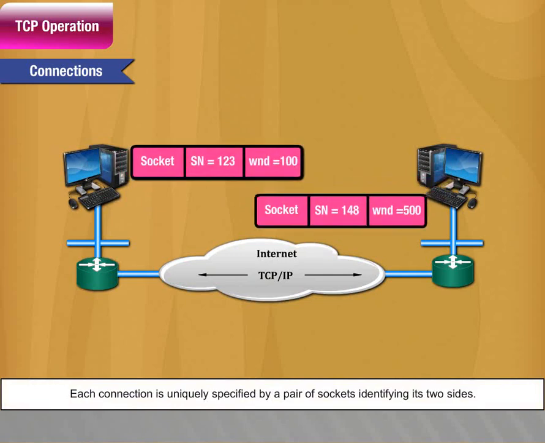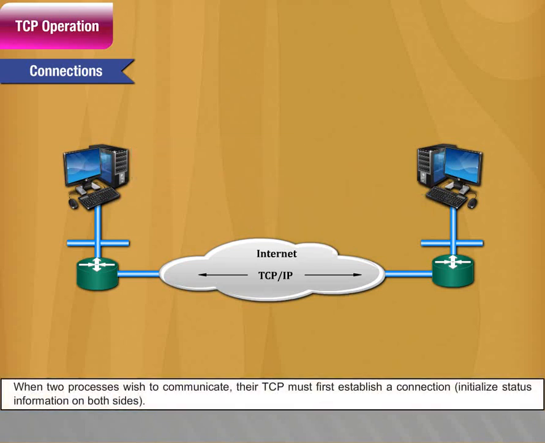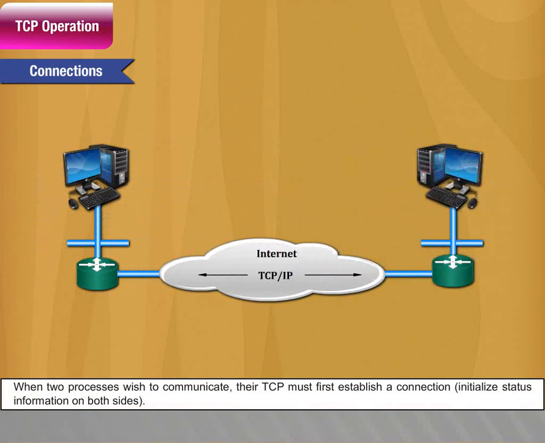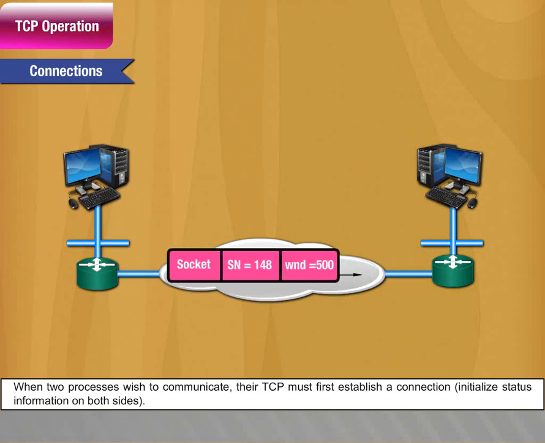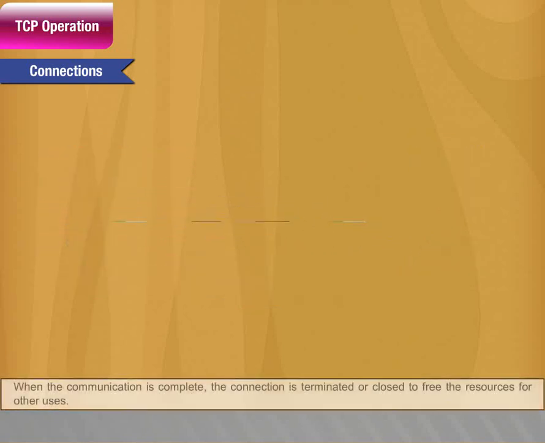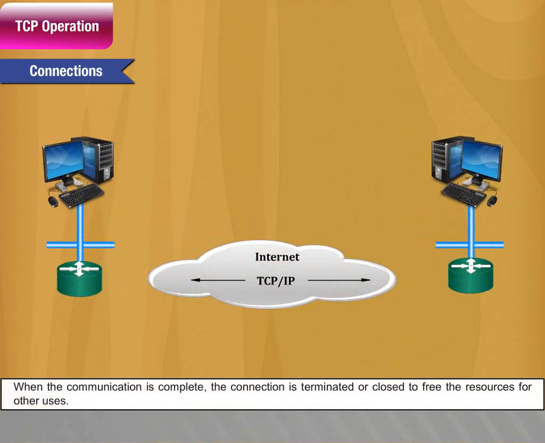Each connection is uniquely specified by a pair of sockets identifying its two sides. When two processes wish to communicate, their TCP must first establish a connection, initializing status information on both sides. When the communication is complete, the connection is terminated or closed to free the resources for other users.